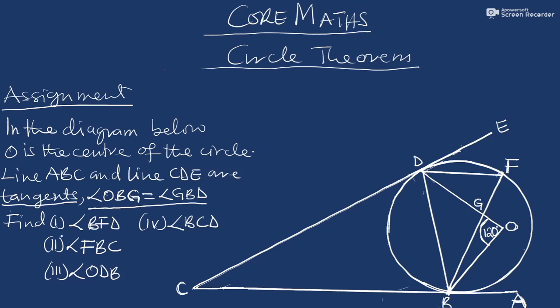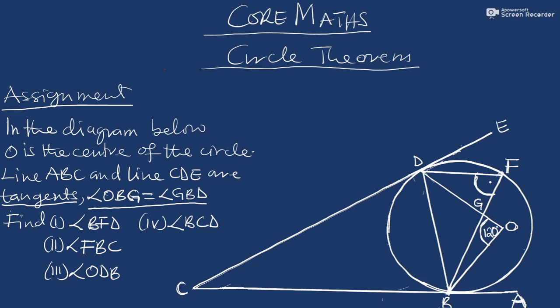So first of all, we're to find angle BFD. On the diagram, angle BFD is this angle. Now, angle BFD is an angle formed at the circumference of a circle.